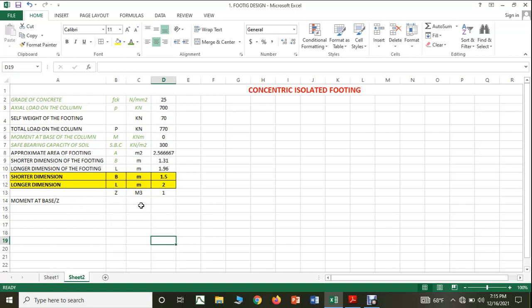So then meter will get cancelled, you will get it in kilonewton per meter square, right? There is no symbol for that, it is just a part. So the moment at the base I have given 0, divided by this, it will be 0.